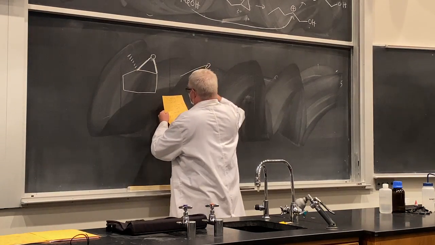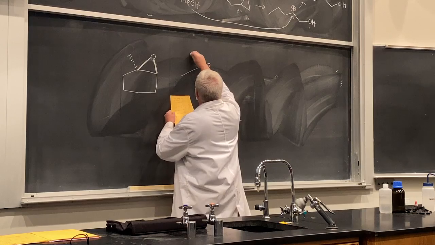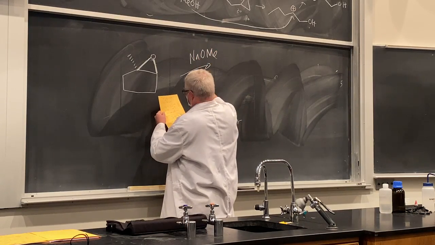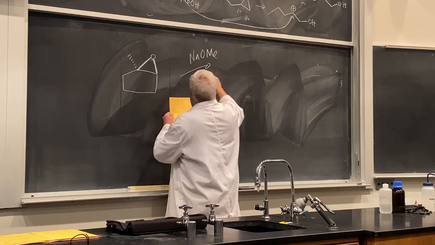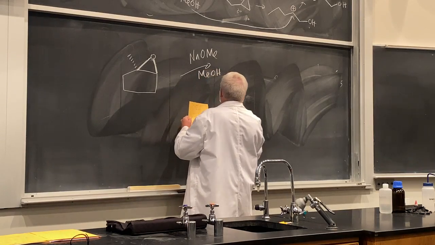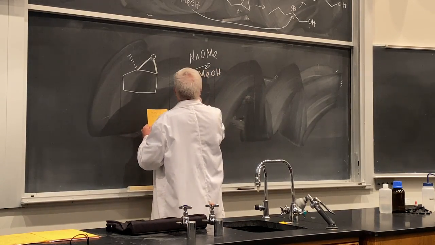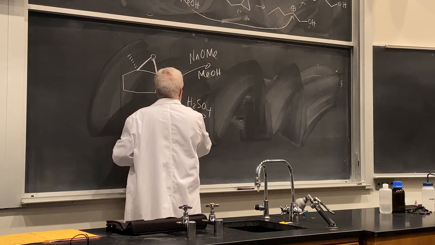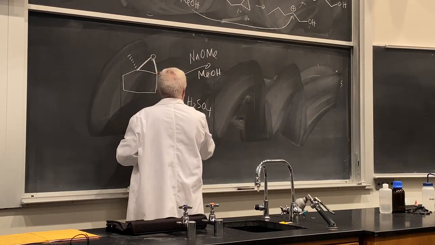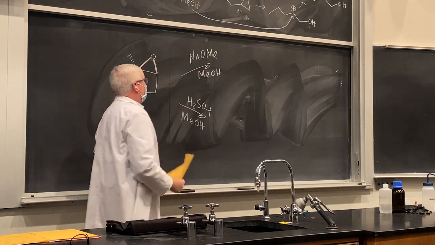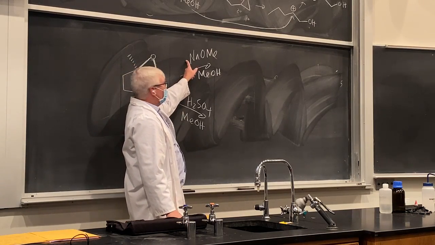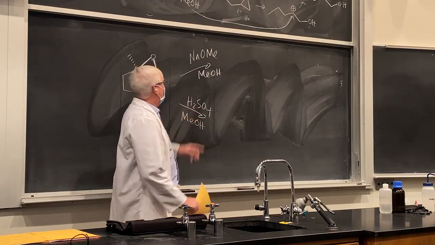Let's do the one here where we're reacting it under sodium methoxide conditions in methanol. Okay. And let's do the one where we're reacting it under acidic conditions in methanol. So notice the solvent's the same, methanol. But here we have the methoxide charged nucleophile. Here we just have acid.